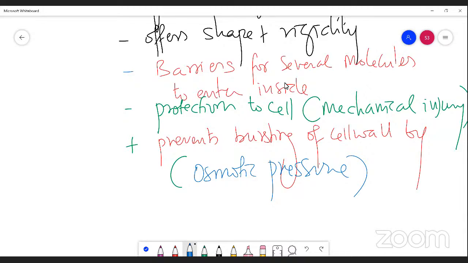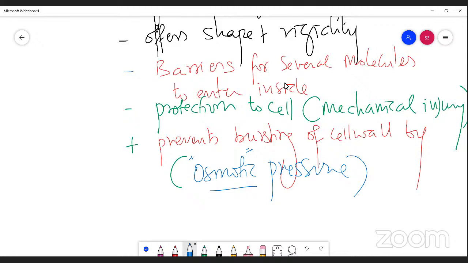The balancing of pressure is maintained by osmotic pressure. If any molecule enters the plant cell through the cell wall, its pressure can increase. Such a pressure is called osmotic pressure. It is maintained in order to prevent bursting of the cell wall.